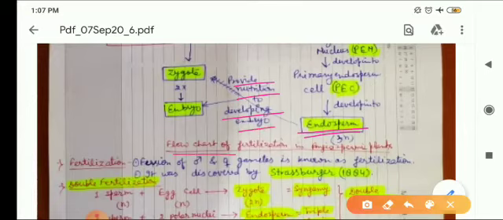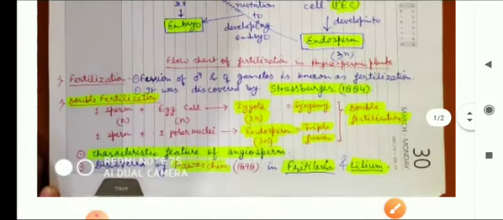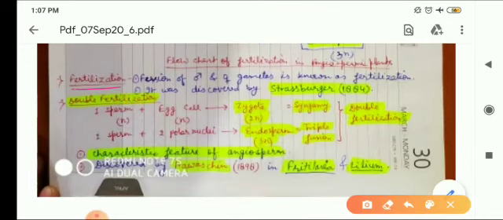This is the flow chart of fertilization in angiospermic plants. Now, a few points. Fertilization was discovered by Strasburger in 1884.